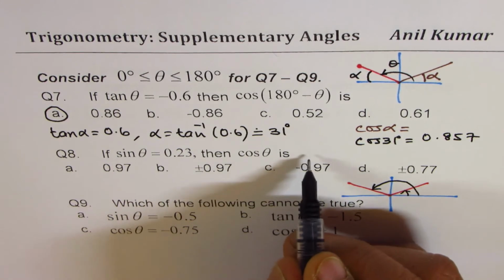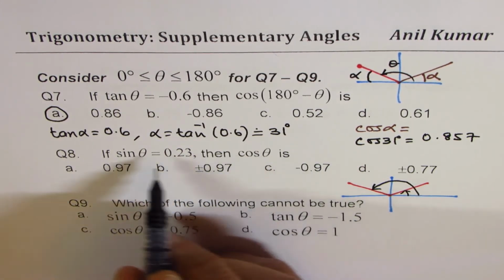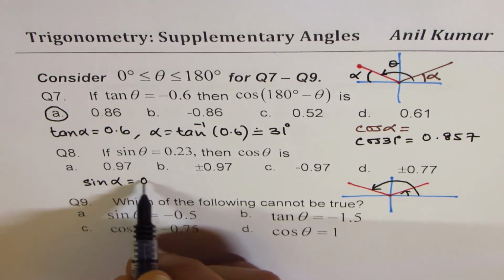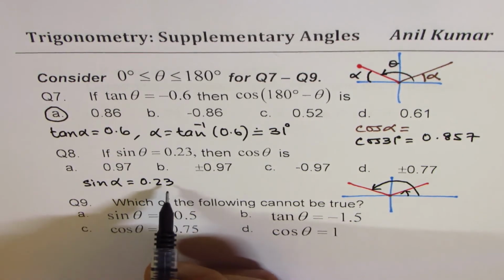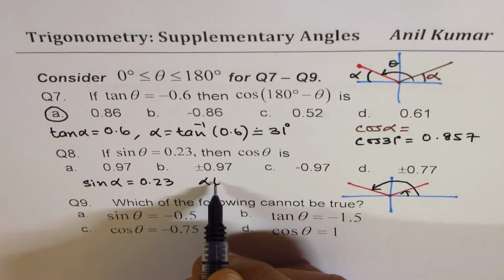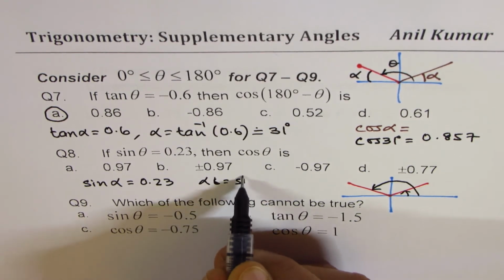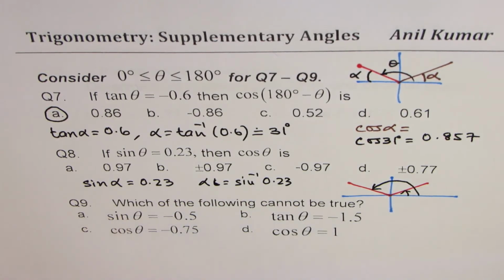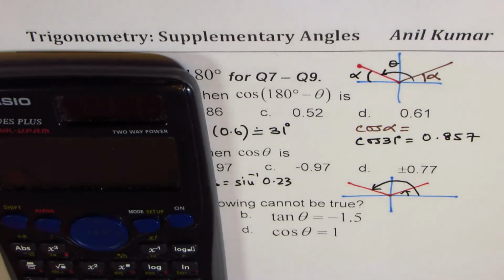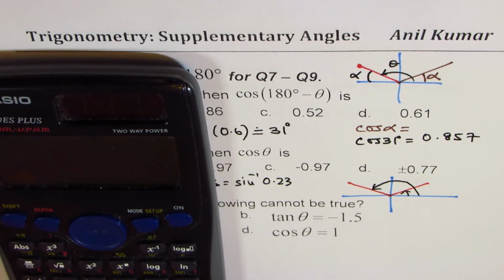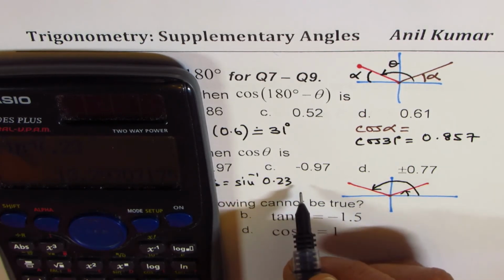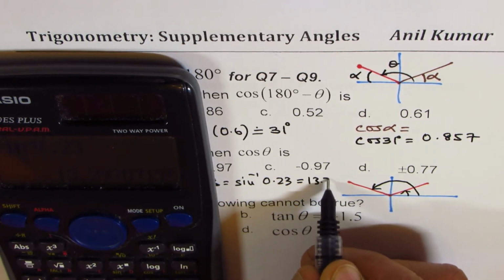So cos theta is equal to, let's find first what is sine alpha. The related acute angle should also be 0.23. So alpha is equal to sine inverse of 0.23. Let's find this angle. It is shift sine inverse of 0.23 equals 13.3 degrees.